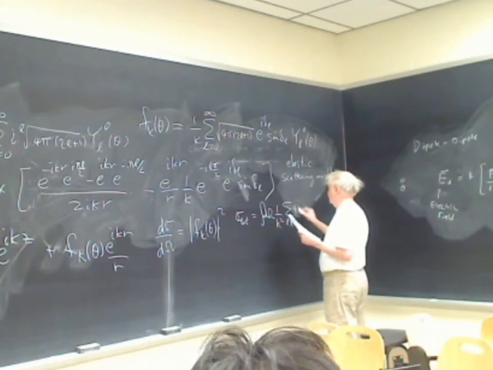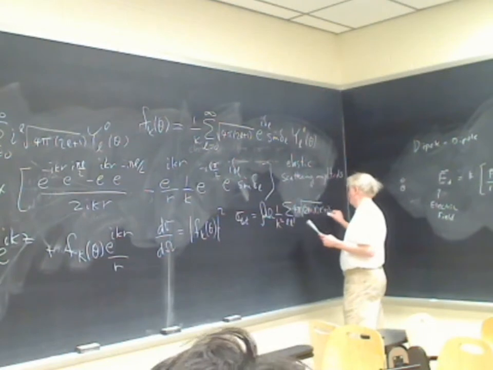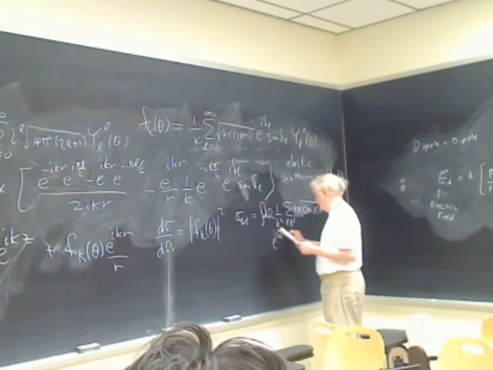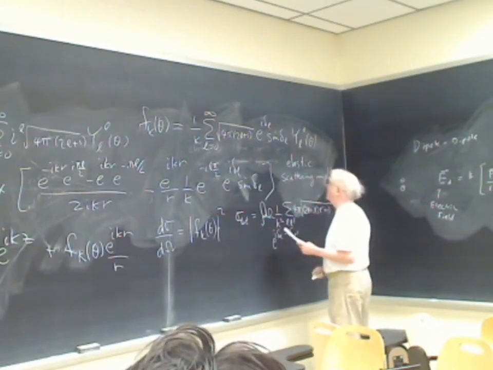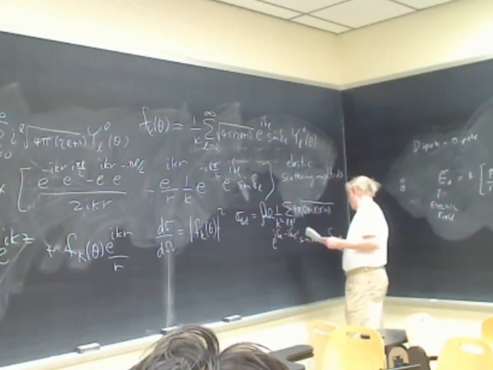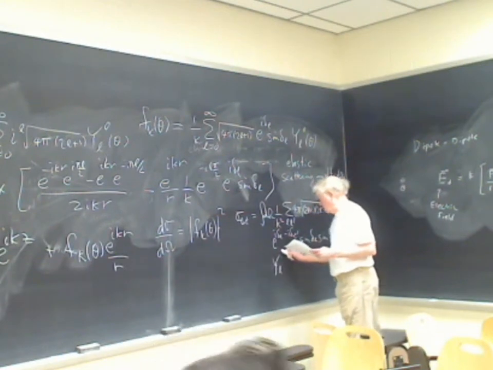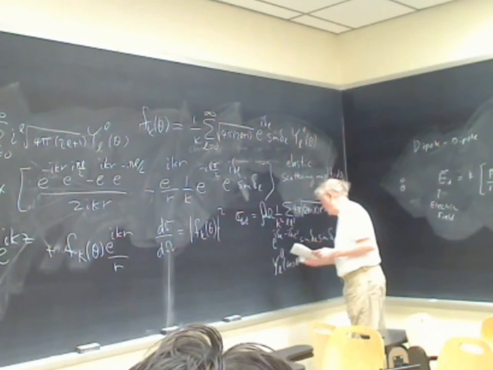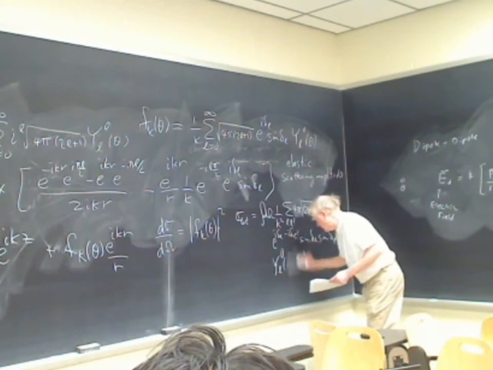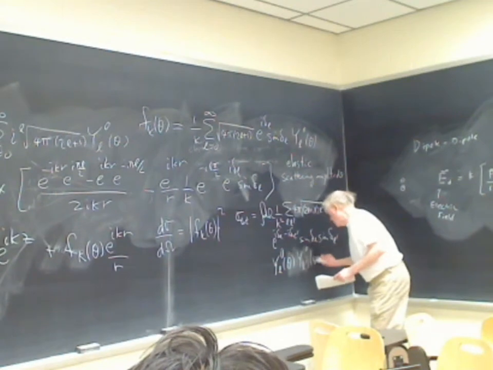The 4 pi's come in, square root of (2L plus 1)(2L prime plus 1), e to the i delta L minus i delta L prime, sine delta L sine delta L prime, and then Y_L0 of theta and Y_L'0 of theta.